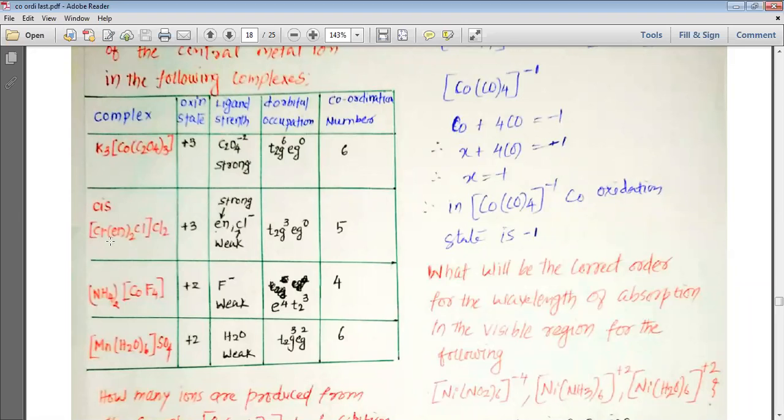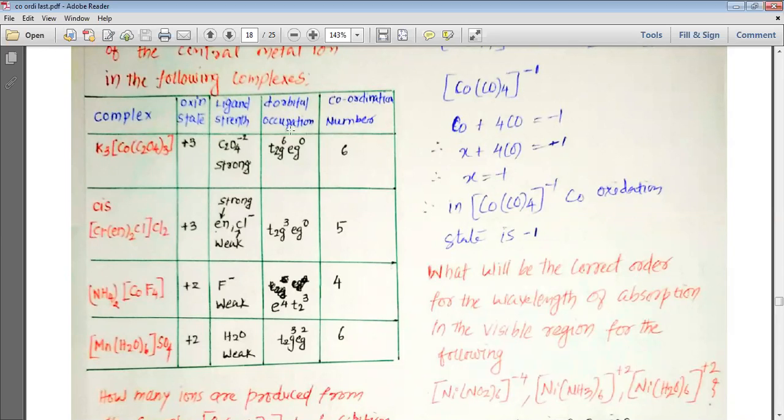In the same way, when we look at [Cr(en)2Cl]Cl2, we can see that Cr is present in the +3 oxidation state. En is a strong ligand, whereas Cl- is a weak ligand. But in Cr +3 we have only 3 electrons, so whether paired or not, we can write t2g3 and eg0.